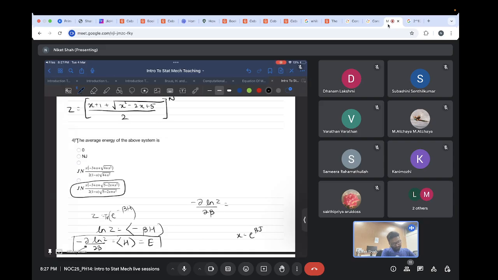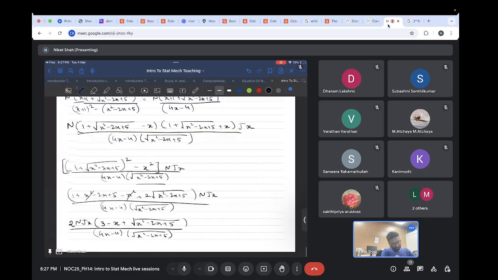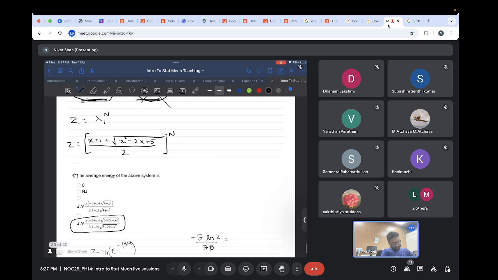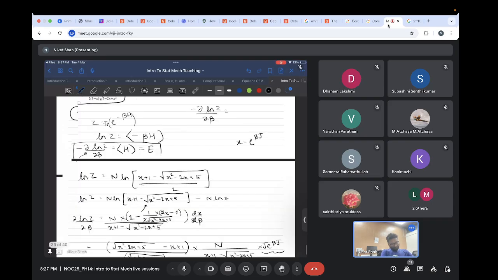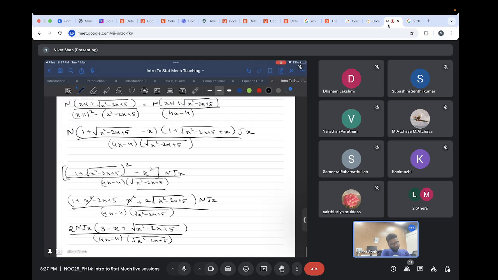Right, so that's 4x. I have 4x minus 4 in the denominator. So this 2 cancels out 2 from here and I get 2x minus 2, and this 2 goes away. So this is exactly what I have.